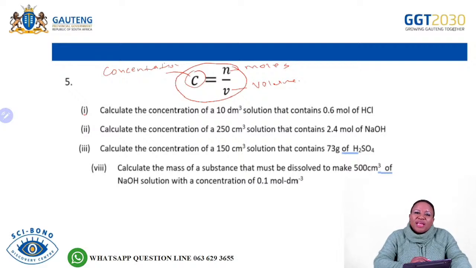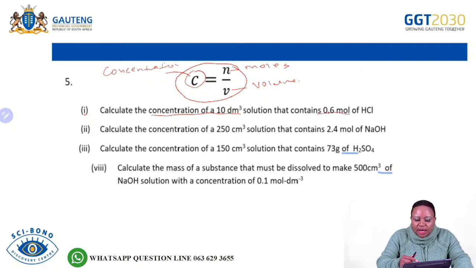Now, when we are looking at concentration, we can look at the first example. We are not going to do all the examples, definitely, because we won't have enough time. The first example says, calculate the concentration of 10 cubic decimeters of a solution that contains 0,6 moles.